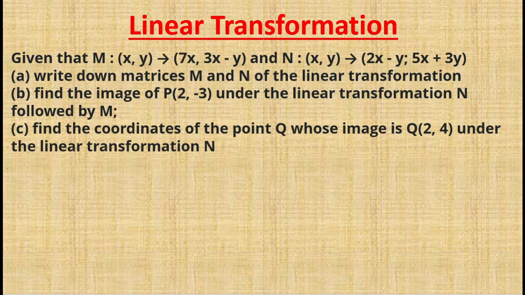The first and foremost is, you know that M here is mapped (x, y) to (7x, 3x − y).